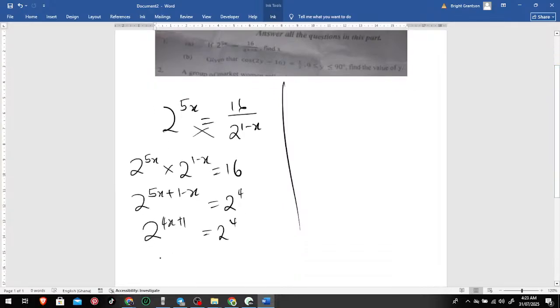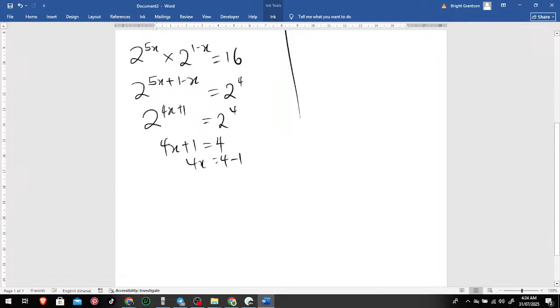So 4x plus 1 equals 4. Then 4x becomes 4 minus 1, 4x becomes 3. So 4x equals 3, x equals 3 over 4. That's it. You are done.